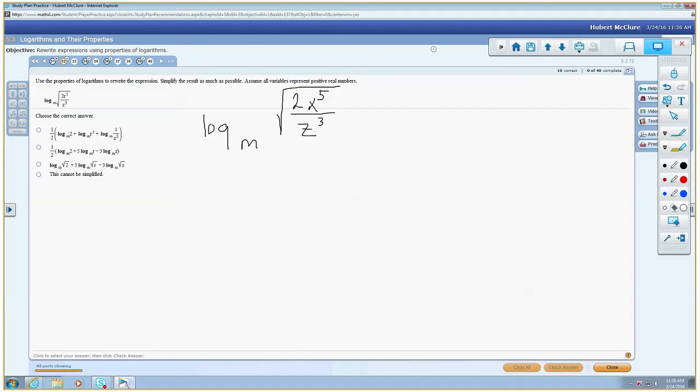So how do you get rid of that radical? Erase it or what? Change it to a fraction. Change it to a rational exponent, yes. So big set of parentheses. And then you could bring that 1/2 out front, or you could distribute it using the power rule.